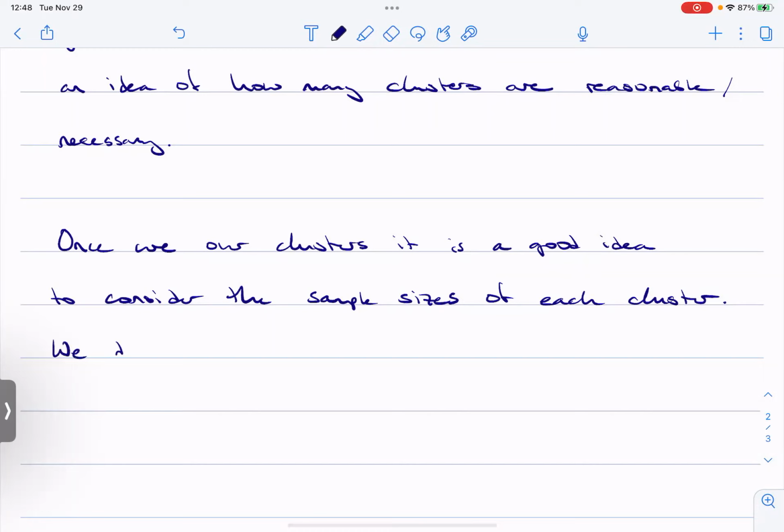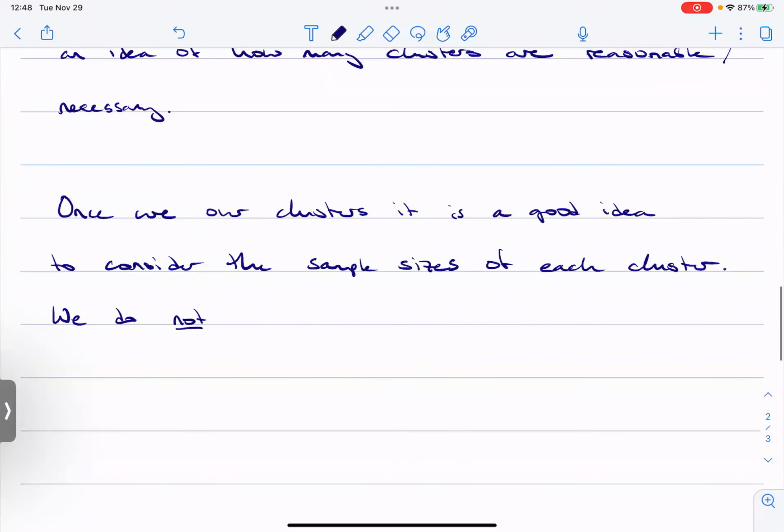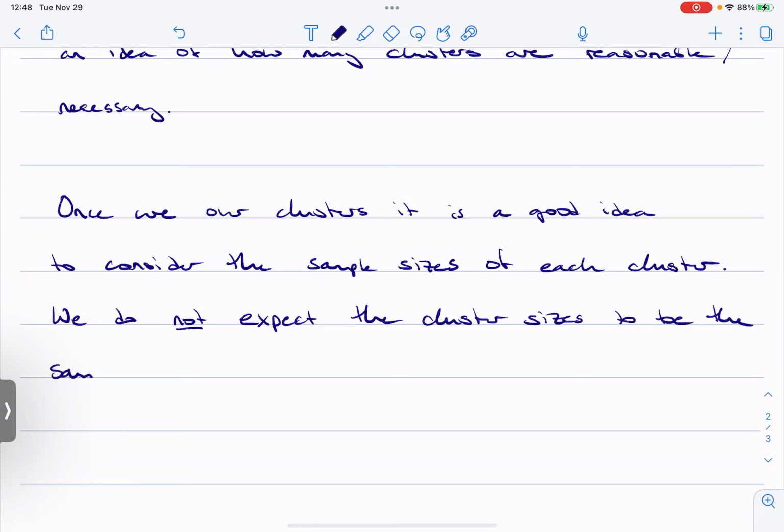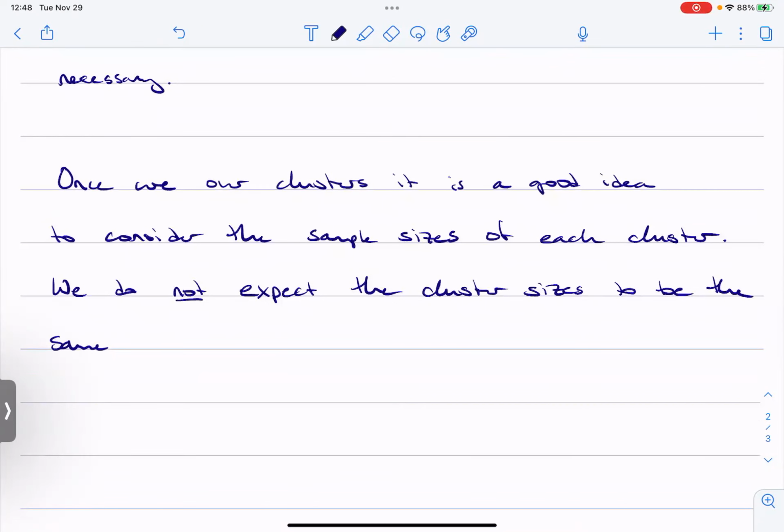Like I said, we do not expect the cluster sizes to be the same, but we do expect them to be on a similar scale.